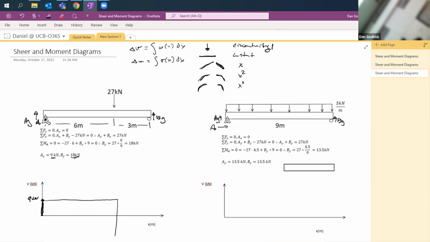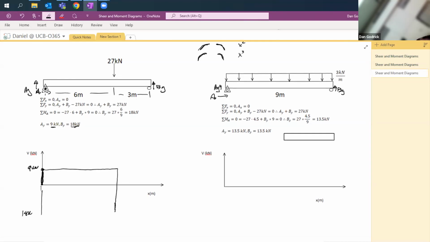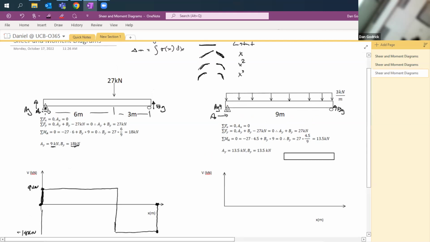So we start at 9, subtract off 27, and go down to negative 18 kilonewtons. We stay at negative 18 kilonewtons until we hit By, which brings us back up to 0. We always want to start and end at 0 because this is a statics problem. We want to make sure that we're not moving.